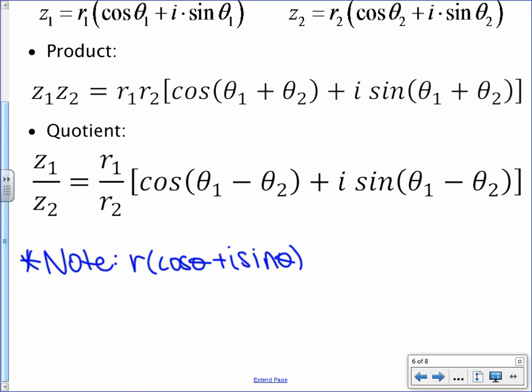A shorthand for writing the trig complex numbers out is this: if you see R CIS theta, this stands for R cosine theta plus i sine theta. That is just a shorthand to write it, and it doesn't take up as much room, but that is what it means. The C is for the cosine, the I for the imaginary, the S for the sine.